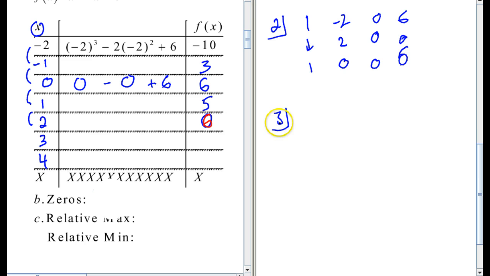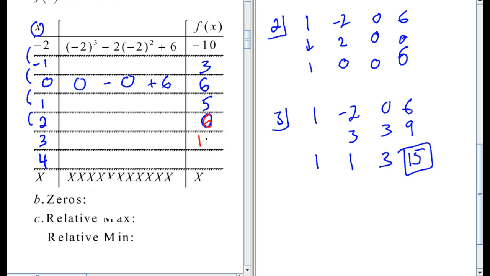Let's see, we got 3. 1. Let's see here. 3. 1. 3. 3. 9. I got 15. Is that one good? Back on track. Okay. Four, 2, 8, 8, 16, 10.